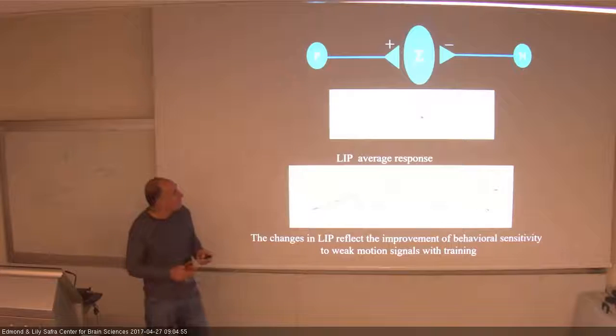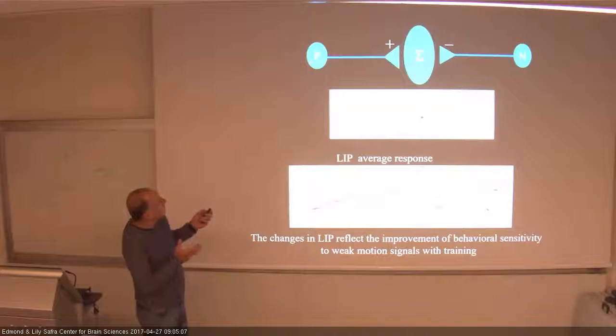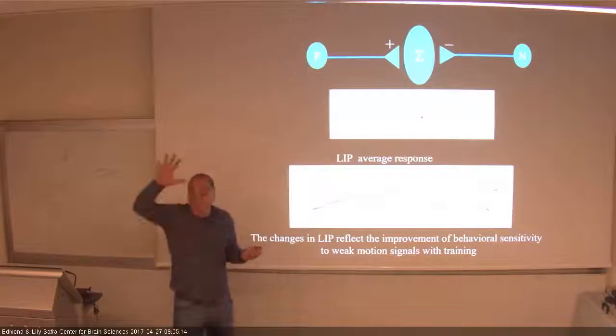So think about this LIP neuron, which gets information from neurons in the preferred direction and in the null direction. And you remember, you have to compare the information from the neurons that are, let's say, sensitive to the upwards versus ones which are sensitive to downwards to decide if motion is upward or downward.